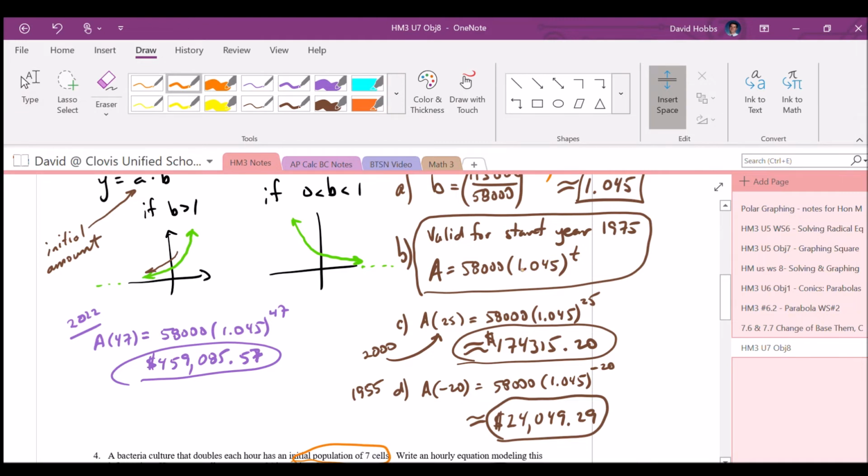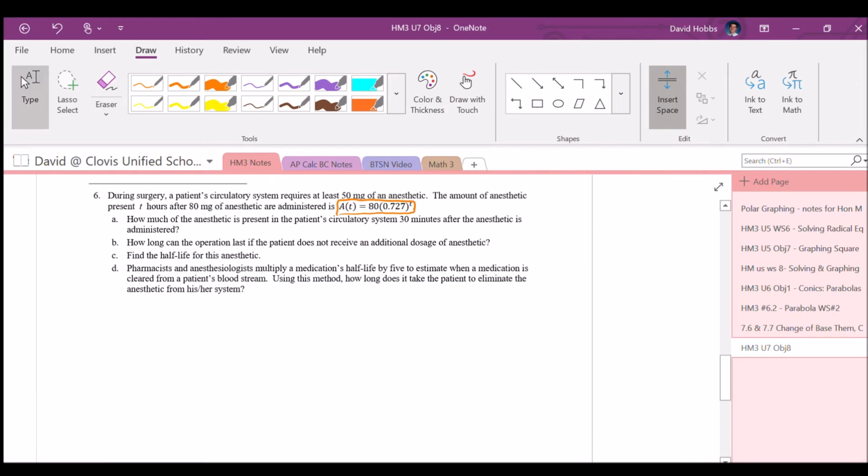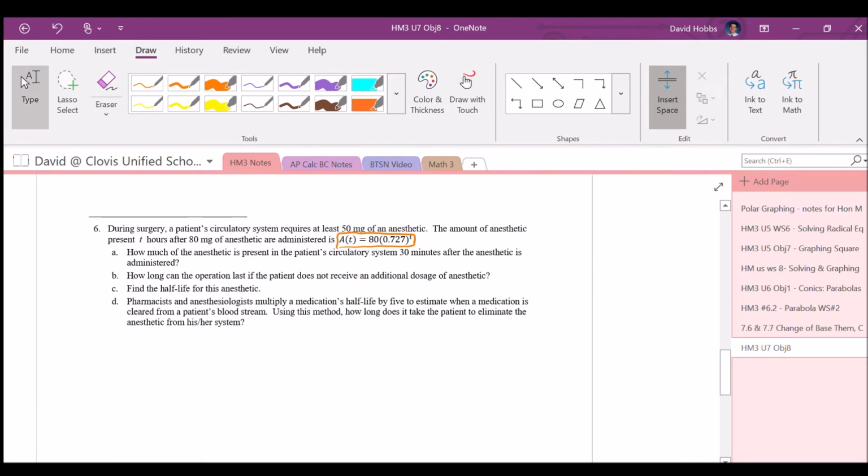You've got the 1 plus 0.045. The 1 maintains value and the 4.5% interest growth per year. Whereas this one down here, the 0.727, is like 1 minus, what is that?